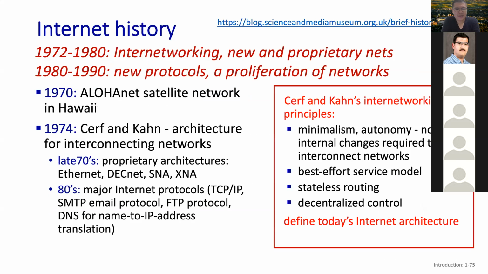Between 1970 and 1980, internetworking and new networks were developed, as I mentioned in the video. The AlohaNet satellite network was developed in Hawaii. It was not limited to wired lines; you could use a satellite network in 1970.